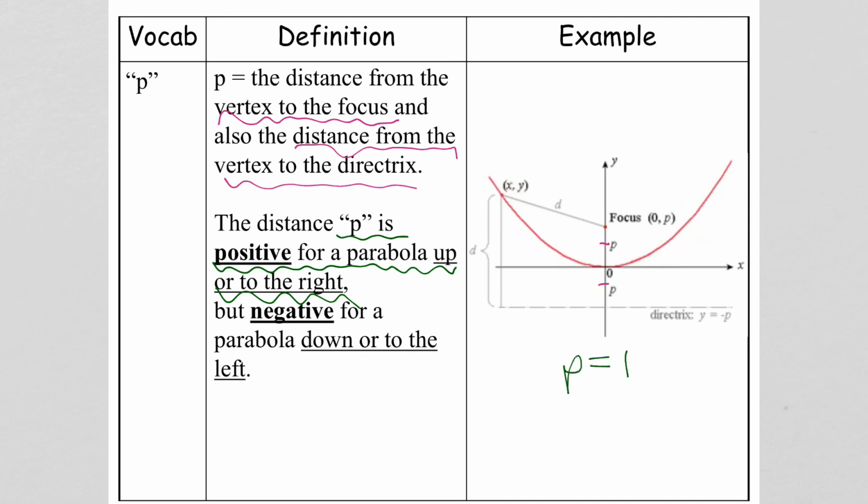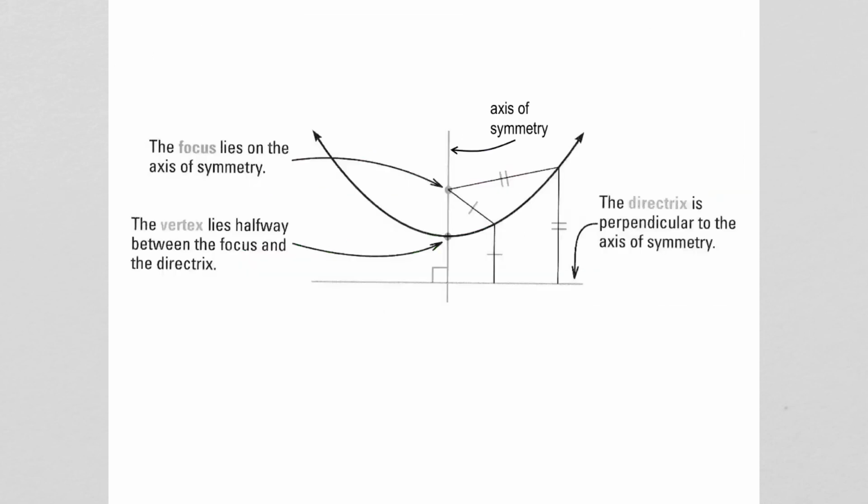However, if my parabola was facing down or facing to the left, my p value will actually be negative. Not because the length is negative, but because we are trying to describe the way the parabola is facing. So negative for a parabola that is down or to the left.